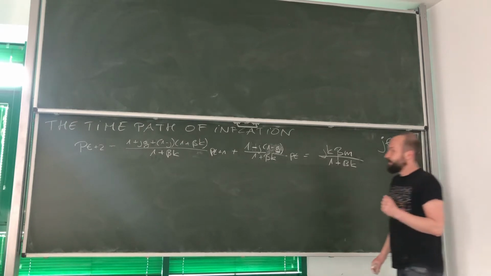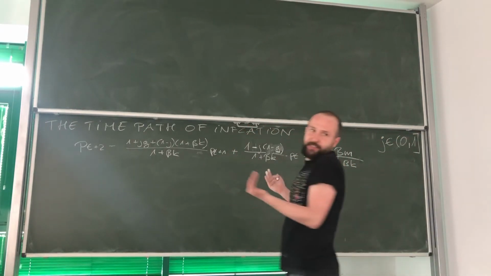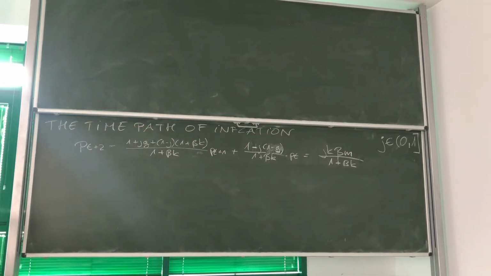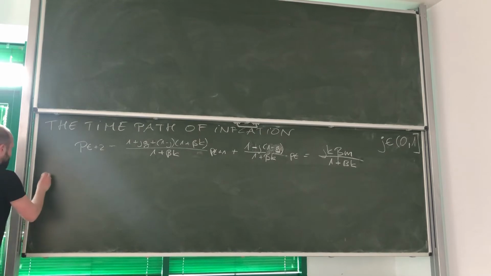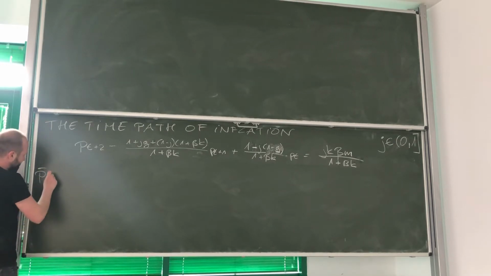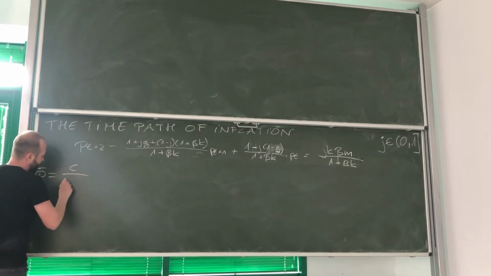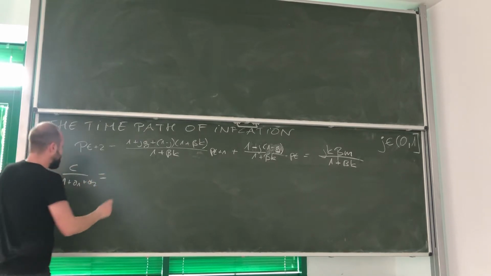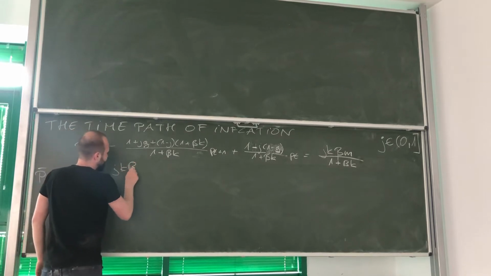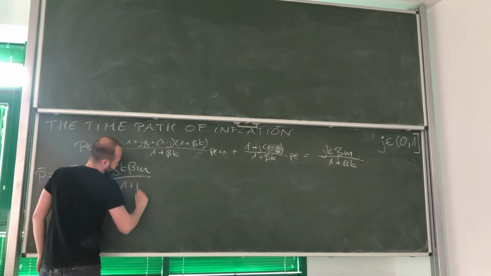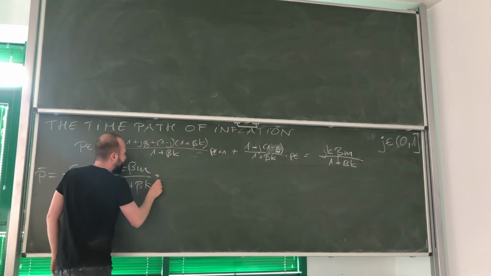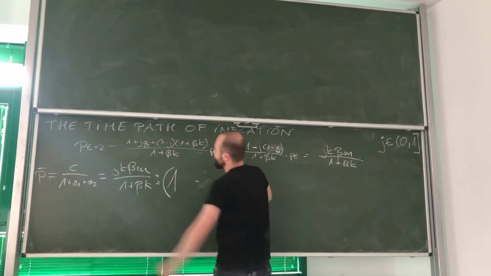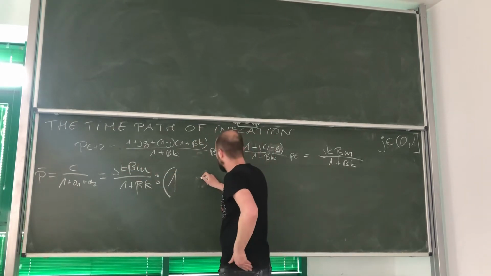Okay, so first thing, of course, now we need to find the time path. So we should start with the equilibrium solution, so the equilibrium level of inflation. So the particular solution. Our equilibrium level of inflation is given by C over 1 plus A1 plus A2. Our C is J, K, beta, M over 1 plus beta K. We divide this by 1 plus, and our plus is actually here minus.